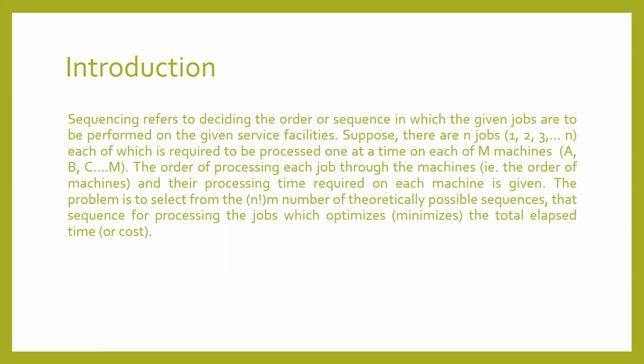Now the order of processing each job through the machines and their processing time required on each machine is given to us. The problem is to select the n factorial to the power m. Now this is not multiplied by m, that is n factorial to the power m.